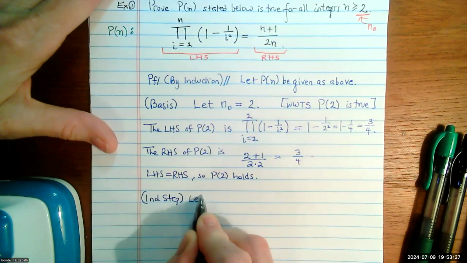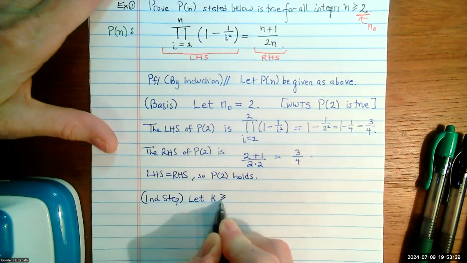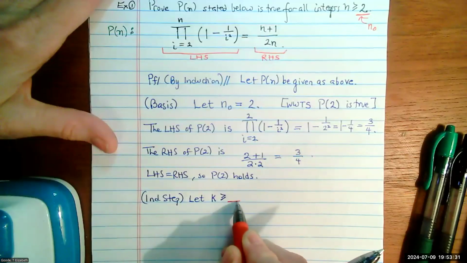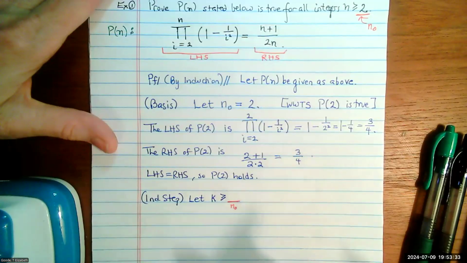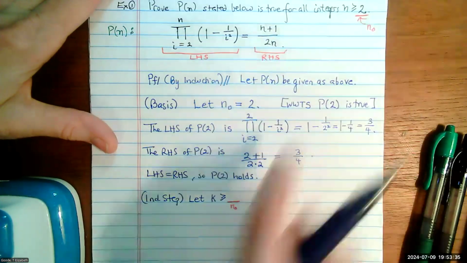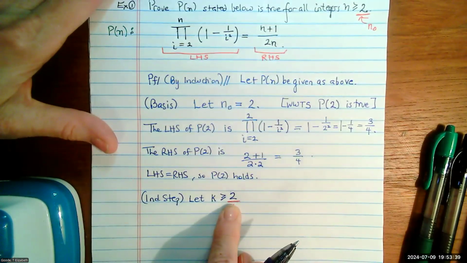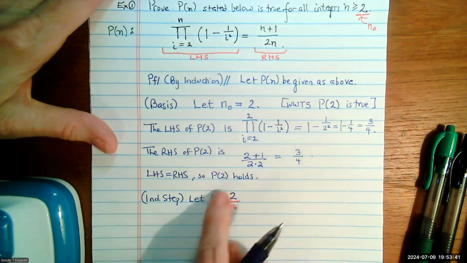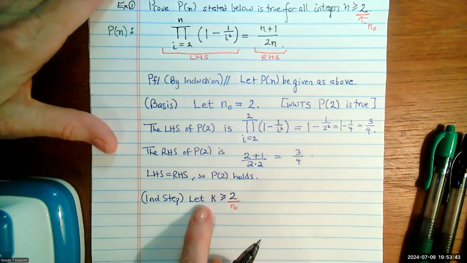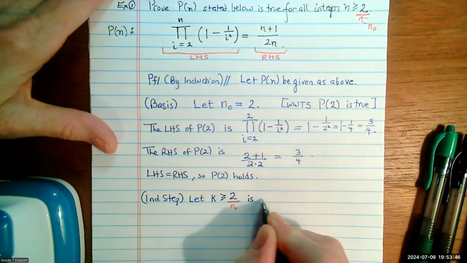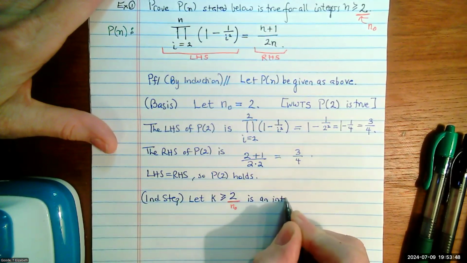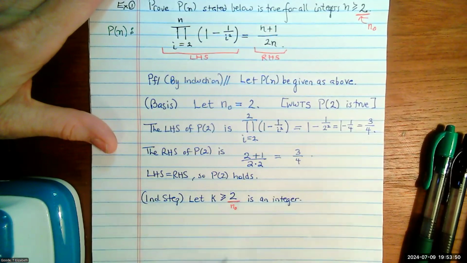We're going to just say, hey, let k be greater than or equal to whatever that value n naught was. In other words, we could be standing on step 2, or we could be standing on one of the higher steps. But the point is, k is an integer. It's just some particular but arbitrary integer.